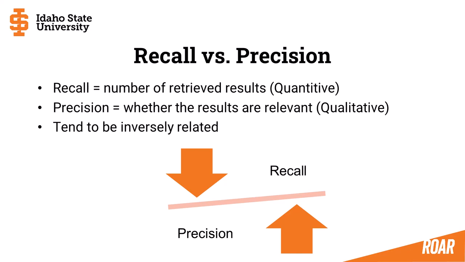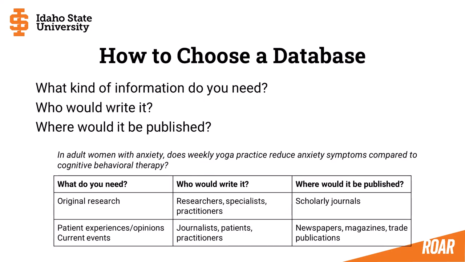Choosing a database is one way we can choose to be valuing more recall, or finding more results, or being more precise and trying to find more specifically relevant research for us. So choosing a database really depends on what kind of information you need, maybe who would write about it, and where it would be published. Thinking about these things will help you choose a database.